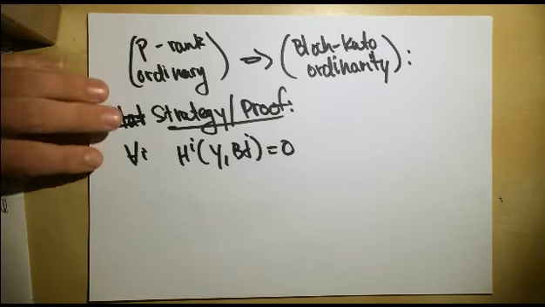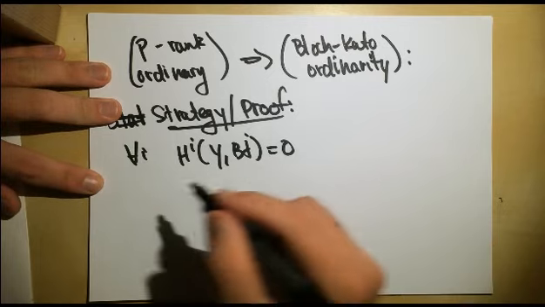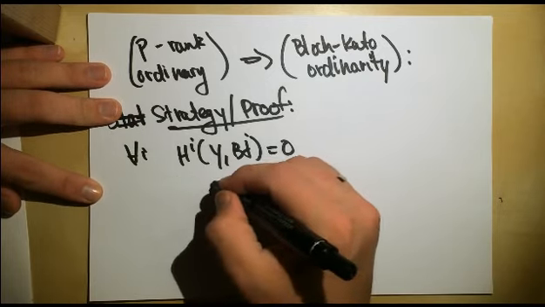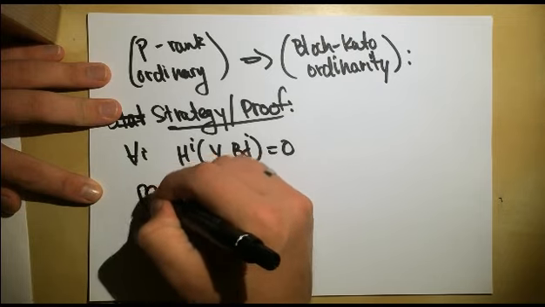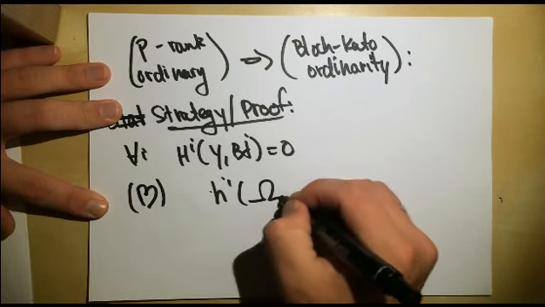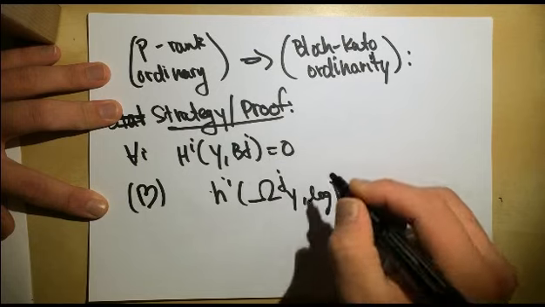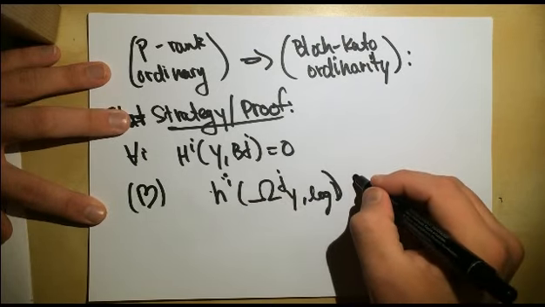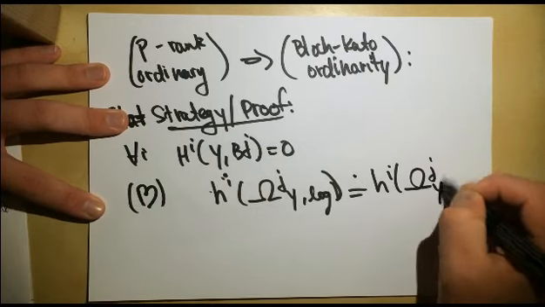The first thing that we're going to need to show is that, here I'm going to call this heart, this thing is H^i(Ω^j), so these logarithmic differentials here are equal to H^i(Ω^j) here, like so.